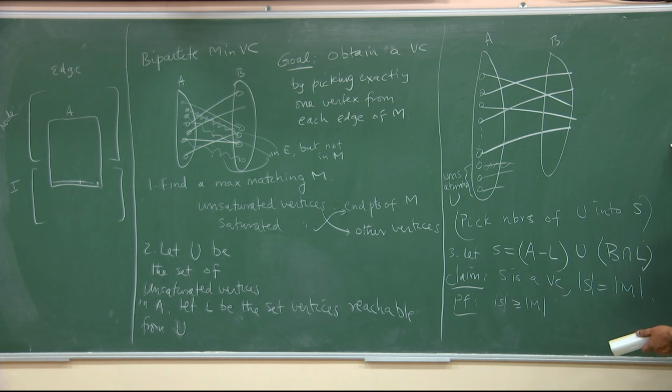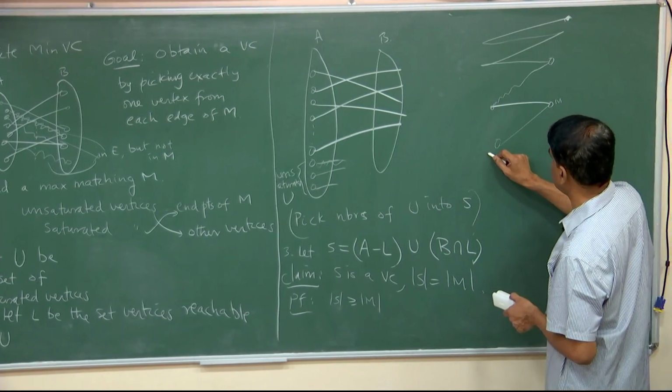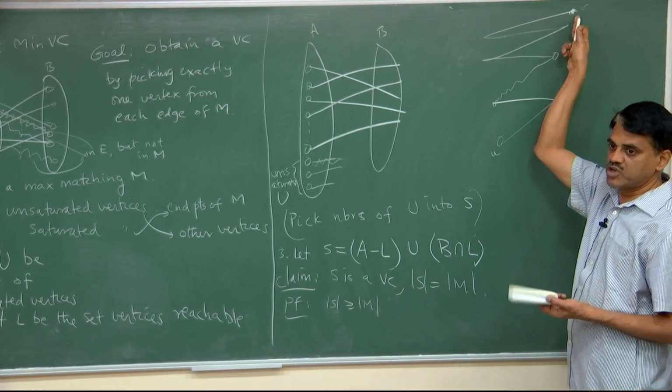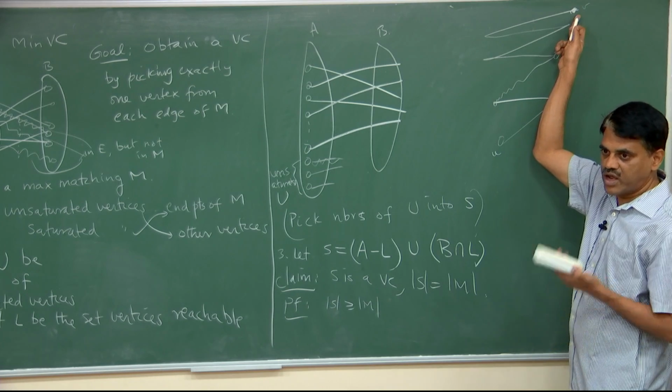Start with an unsaturated vertex and I get to a matching edge, then I get a matching, and then this thing would be an unsaturated. So what I get is some sort of a path. Now if finally, let's say from a vertex in U, I reach a vertex here which is free, which is not saturated, what do I get? I get an augmenting path.